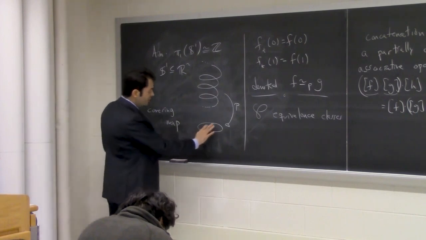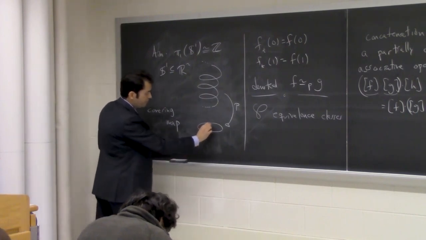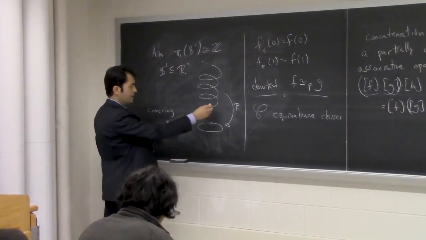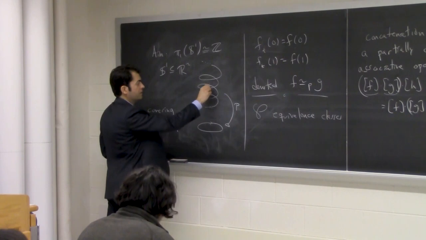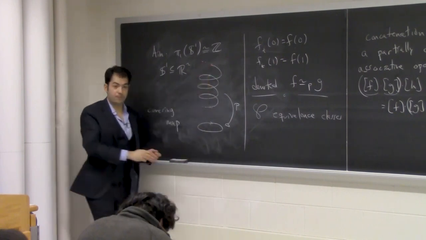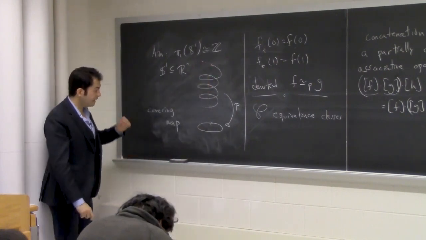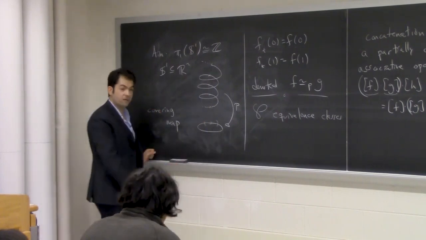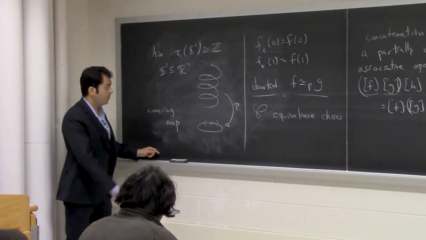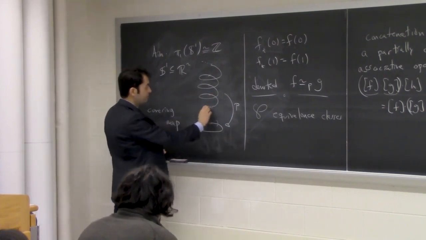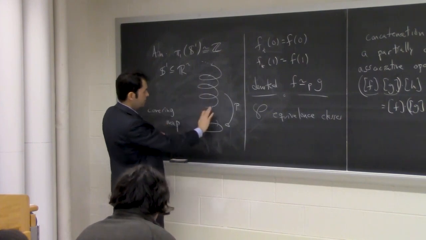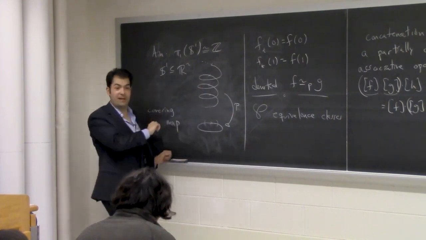What's special about this is that points are evenly covered. So every point has the same or an equivalent set of pre-images lying above it. And if you take a small enough open set around this point, then when you look above at the pre-images, let's focus on this one.